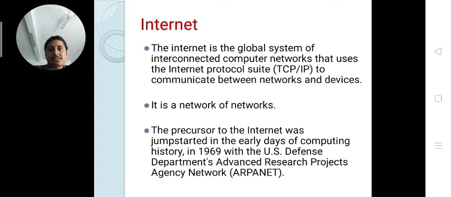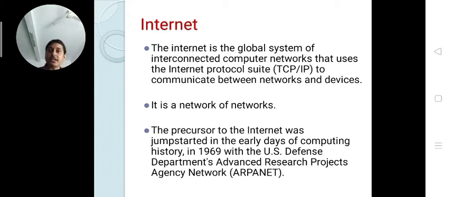In 1969 the concept of that network was taken up and the internet was built. But it was not easy to develop the internet. In 1969 the internet did not come into existence, because as the definition suggests, the internet is a network of networks, meaning all the networks are connected.